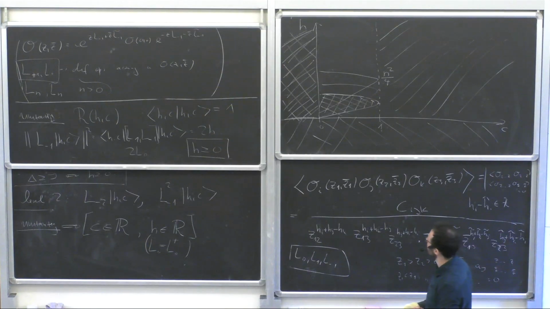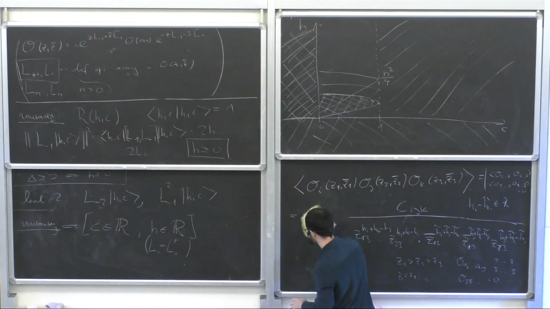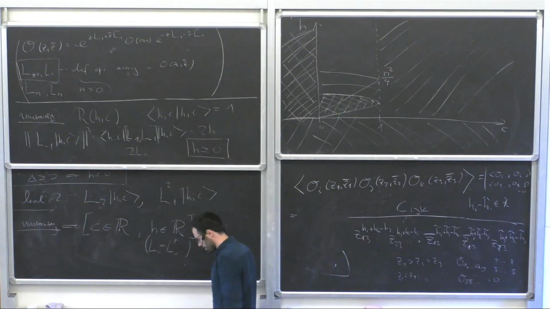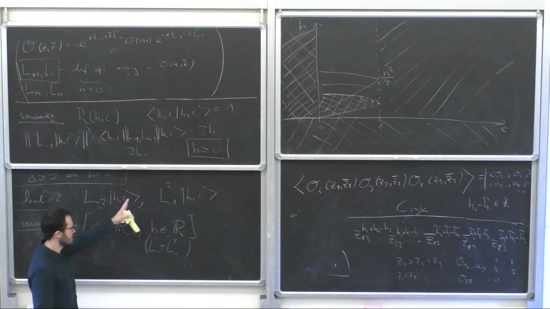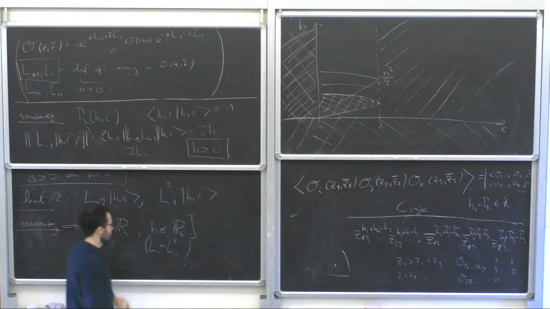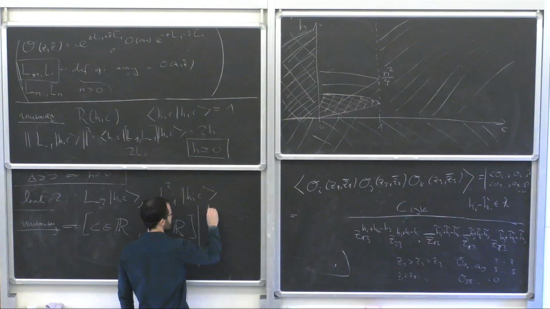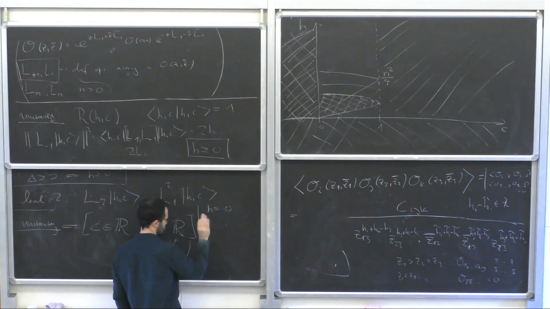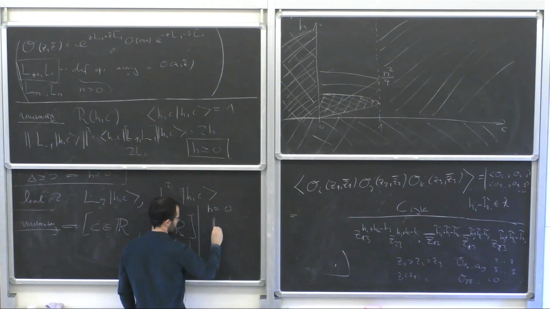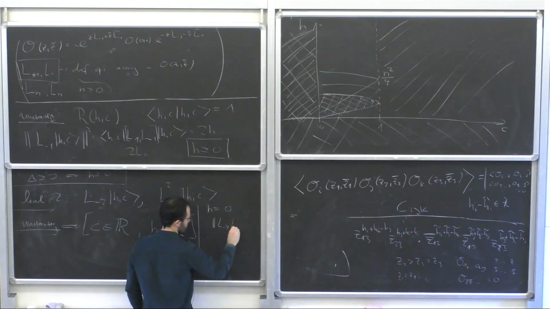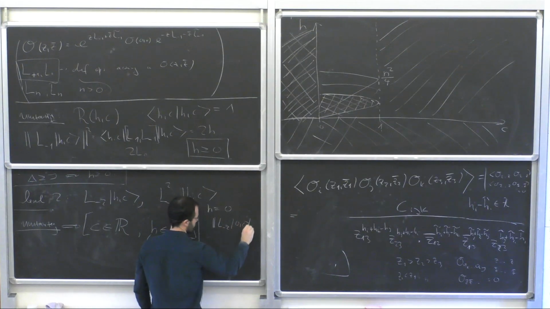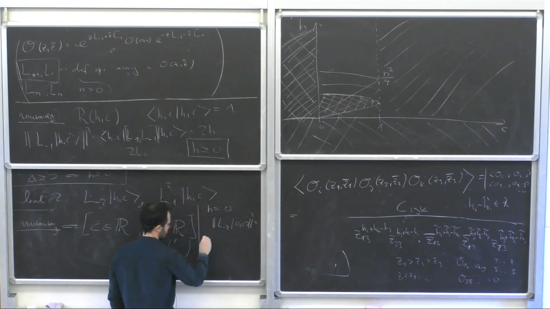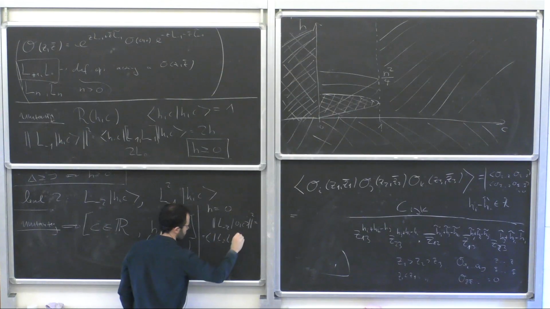Why can C not be negative? For h equals 0, I should know this argument. Suppose h is 0 for simplicity, and then look at the norm of L minus 2 acting on the state 0, C, as an example. That's the state L2 L minus 2.